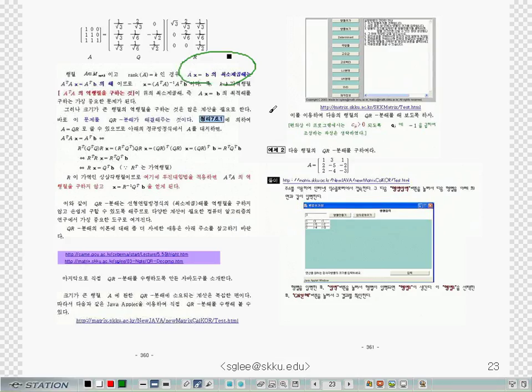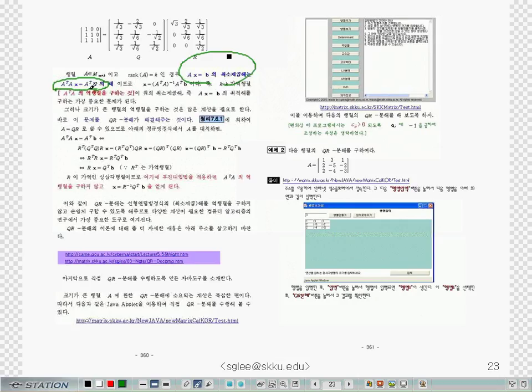usually the A may not have an inverse matrix. Usually A is not a square matrix, it's a rectangular matrix. So we cannot use the inverse of it to solve. Also the size of that matrix is quite large. But if we multiply A transpose on both sides, we can have this system of linear equations.